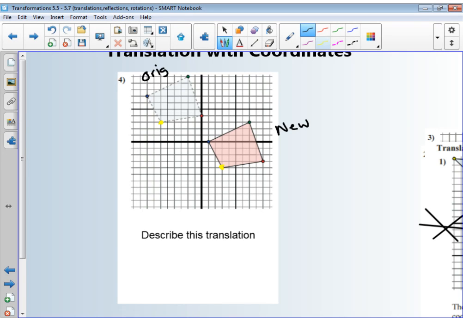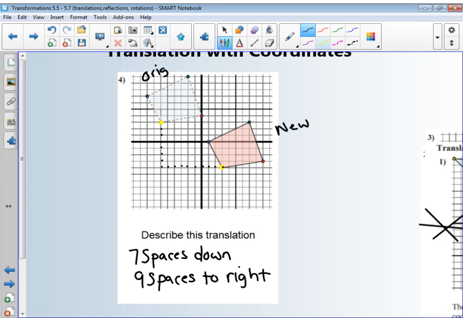So here I'm going to go down 1, 2, 3, 4, 5, 6, 7. Okay, and then I'm going to go over 1, 2, 3, 4, 5, 6, 7, 8, 9. And I went to the right that time.